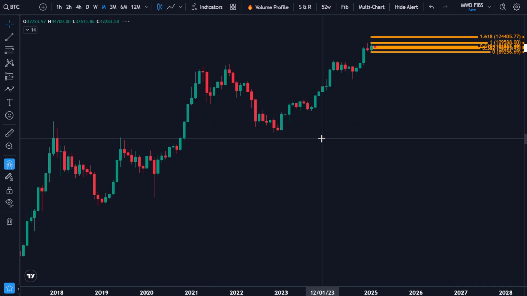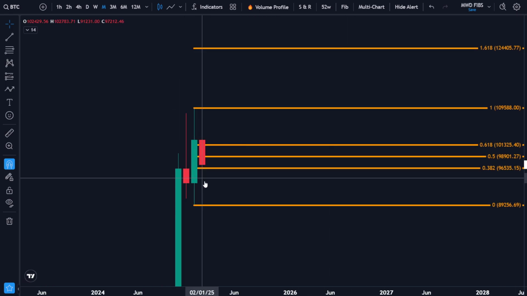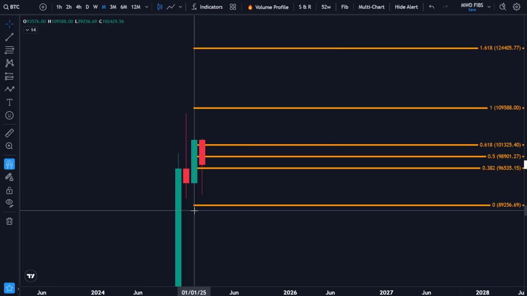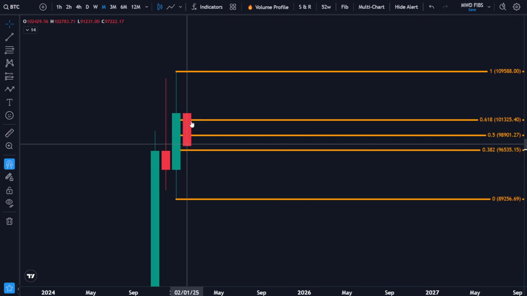So what we did is we fibbed the previous monthly candle, which is the January candle, to map out the levels that this February candle will be going to.